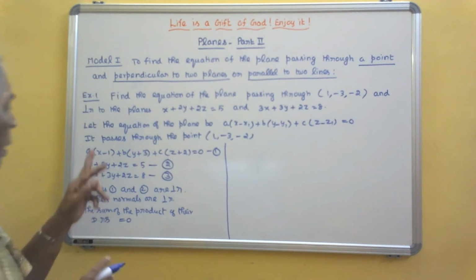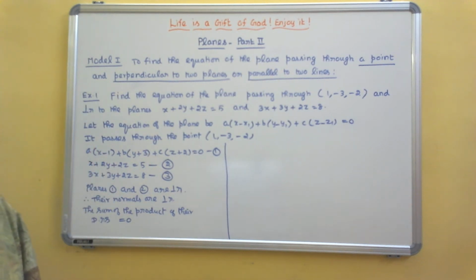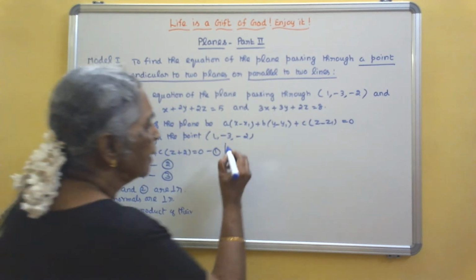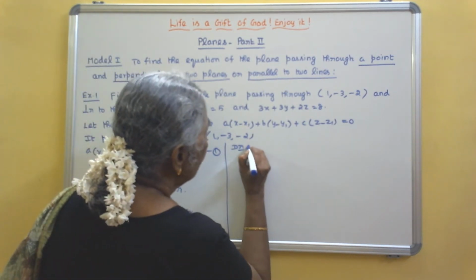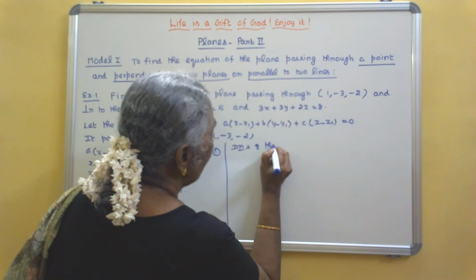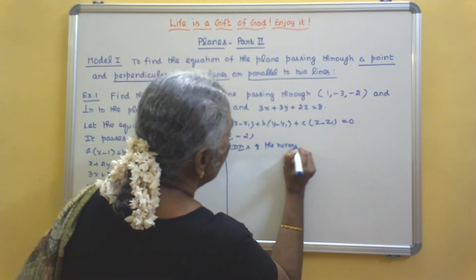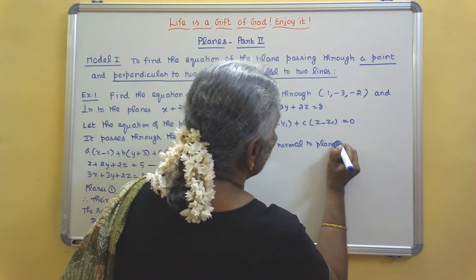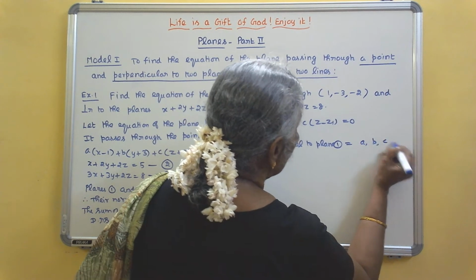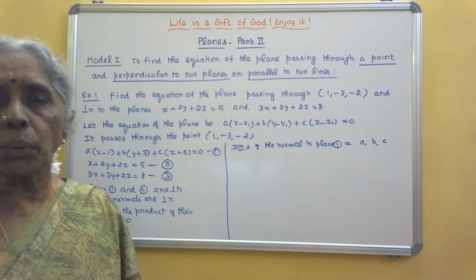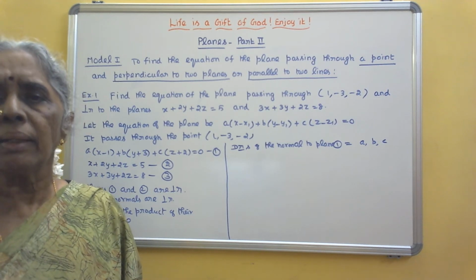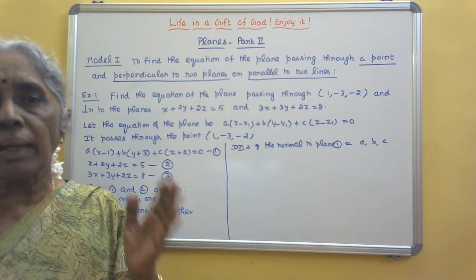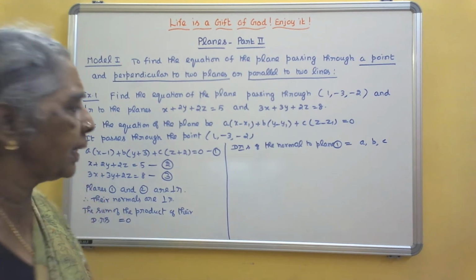So now, if you consider plane 1, what are the DRs? a, b, c. So DRs of the normal to plane 1 is a, b, c. I have already told you, remember, a plane will not have DRs, only a line, that is the normal, will have DRs.